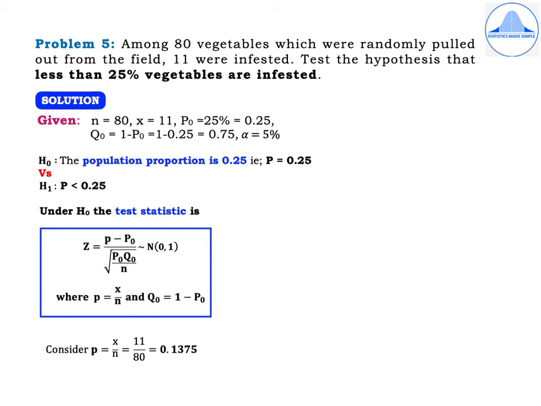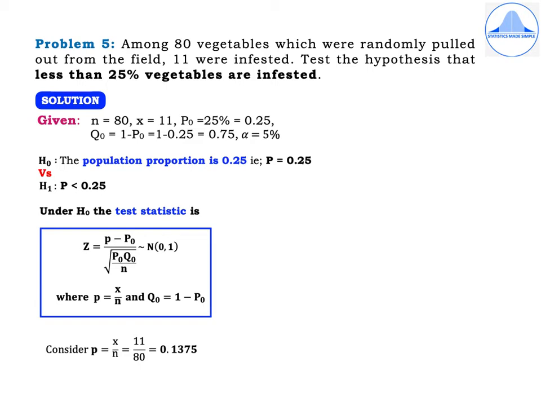And out of these 80 vegetables, 11 were infested. That means small x is equal to 11 because x stands for number of units which possess a given attribute in the sample, and here x equal to 11 means there were 11 potatoes which were infested in those 80 vegetables.